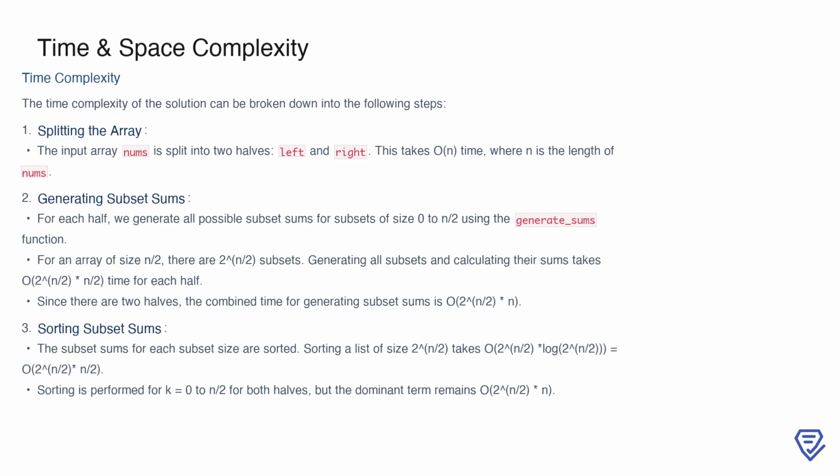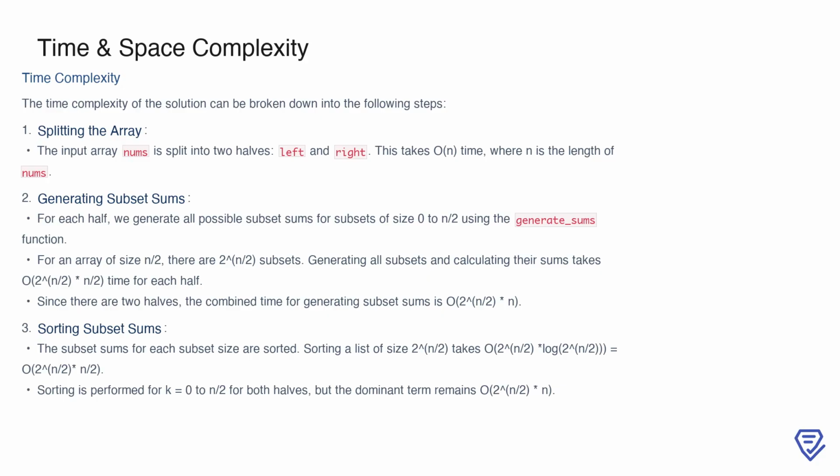To begin with, the time complexity of this solution can be analyzed step by step. First, we split the input array nums into two halves called left and right. Since this operation involves iterating through the array once, it takes O(n) time, where n is the size of the input array. Next, we generate all possible subset sums for each half using the generate_sums function.